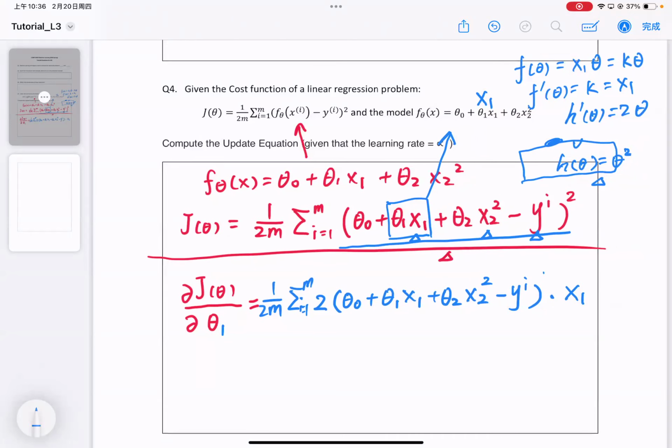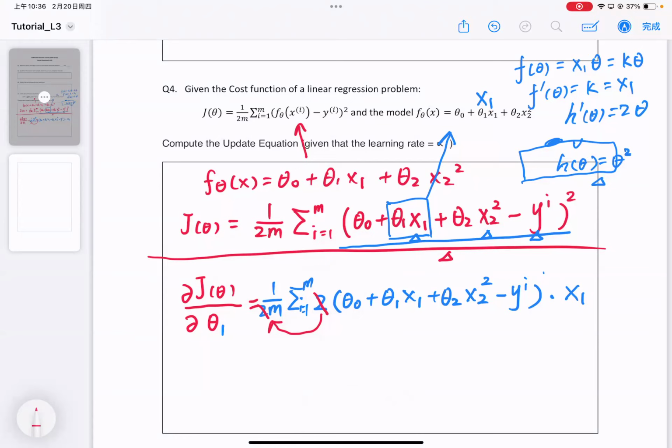And then for theta 0, oh, no, not finished yet. Then we just move these two to here, right? It will be eliminated, right?